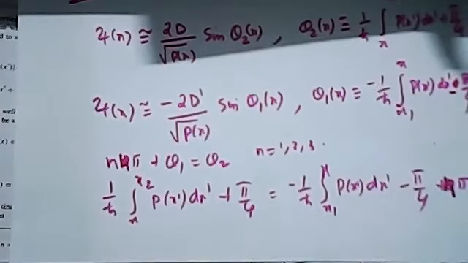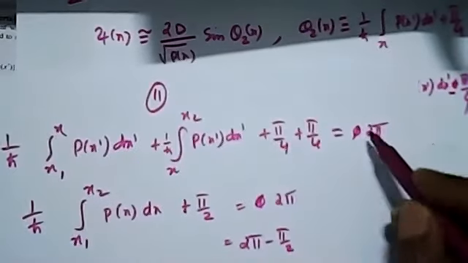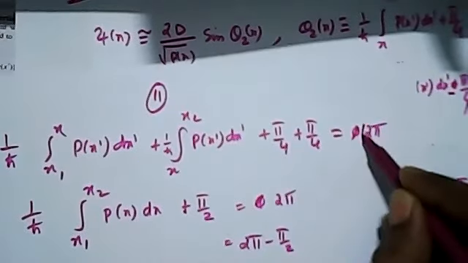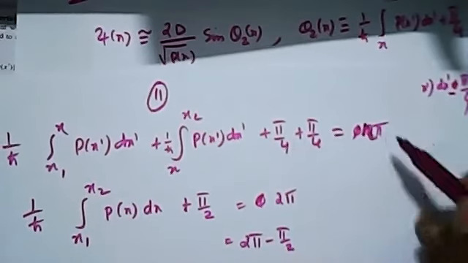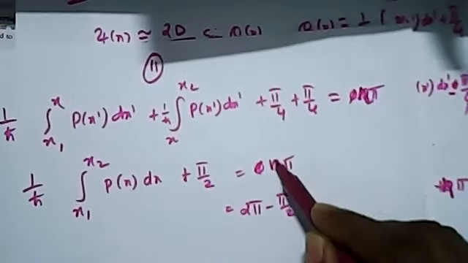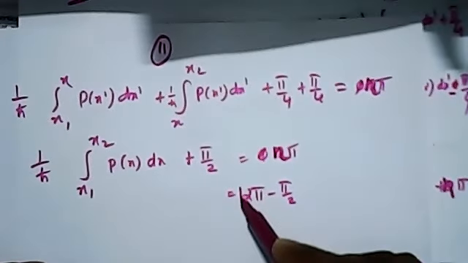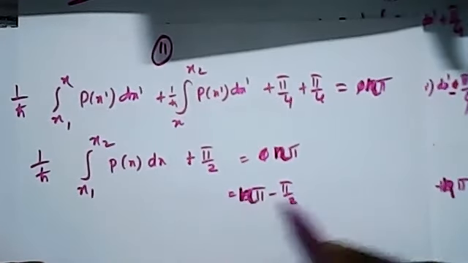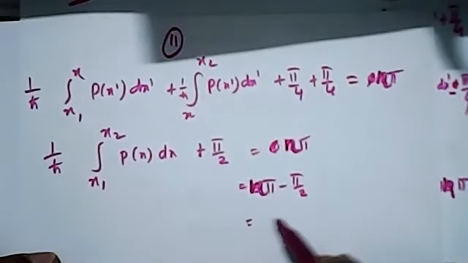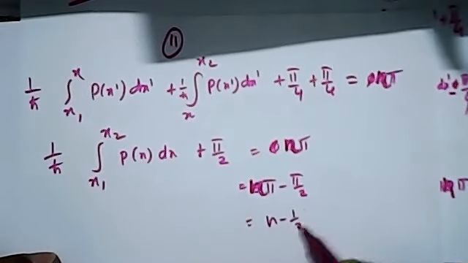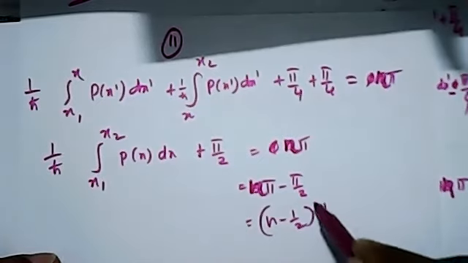So here you write n pi. So n pi minus pi by 2 will be n minus half into pi.